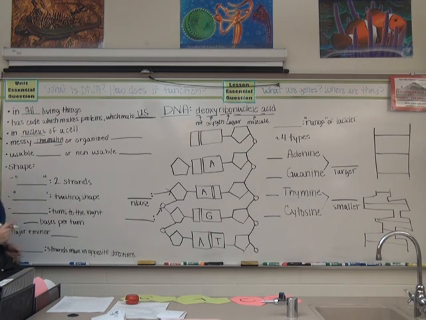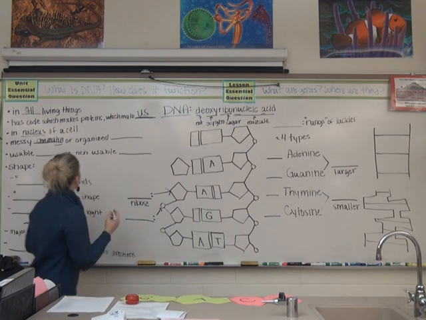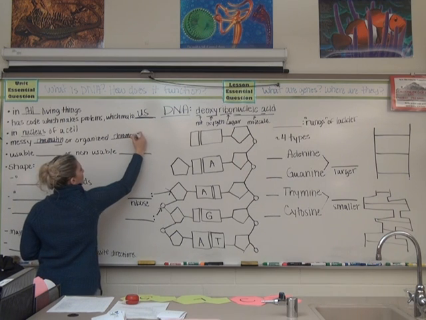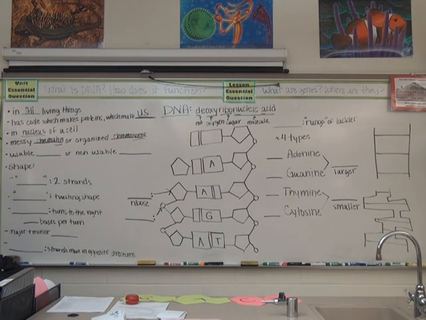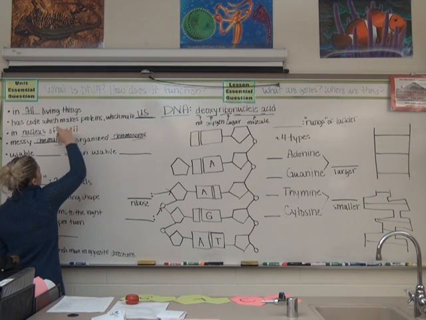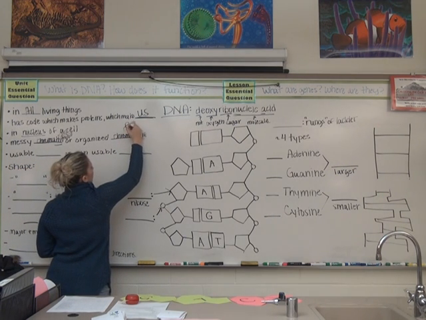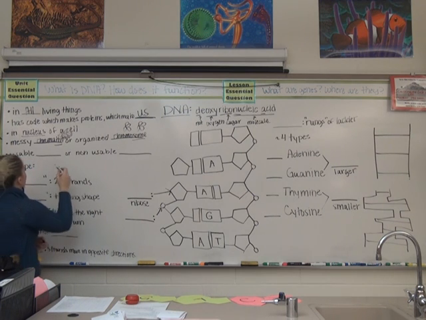But when it's nice and organized, when that cell's about to divide, it's called a chromosome. Now, this messy DNA that's all over the place, or the nice X-shaped chromosomes, have strands of DNA in them.